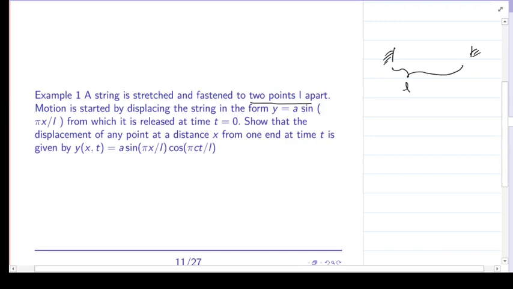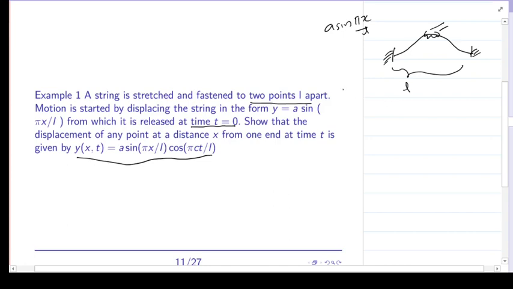Motion is started by displacing the string from the position sin(πx/L), and it is released at time t = 0. We have to show that the displacement of any point is sin(πx/L) cos(πct/L).